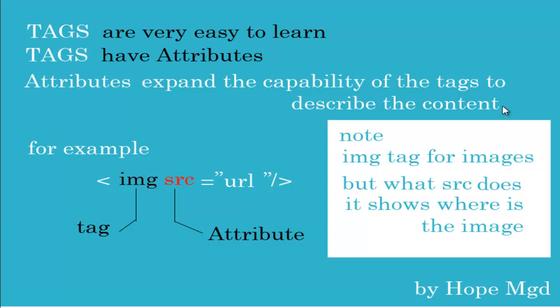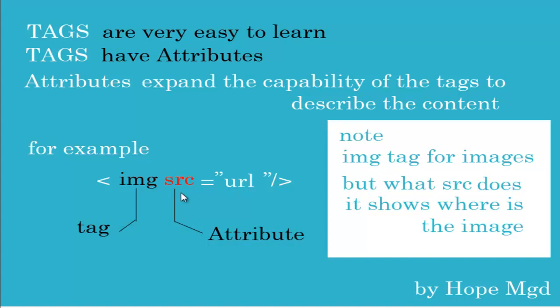Tags have attributes. What attributes do is expand the capability of the tags to describe the content. For example, this img tag says that I will put here an image, so it will appear for the user.